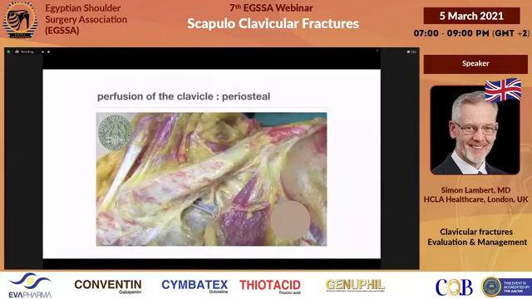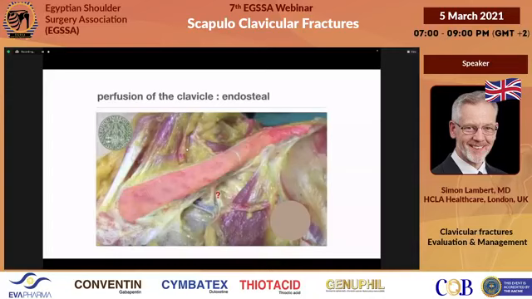So if we strip these muscles during the course of dissection, we risk damaging periosteal perfusion if that is still present, which means that for me, the antero-inferior clavicular approach and plate do not personally make too much sense.